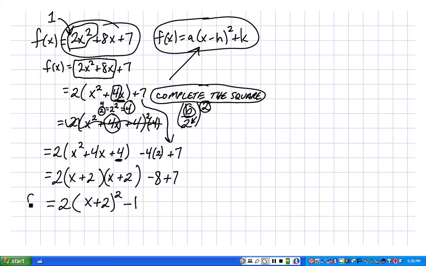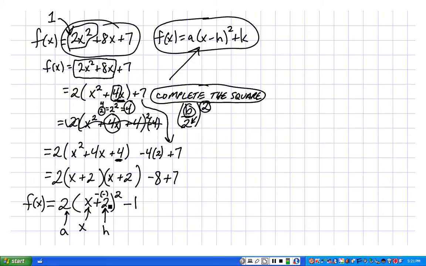Now I have my standard form. There's my a, x, my h, which again, because the formula says it's supposed to be a minus sign, what you're really looking at is minus a negative. So this is really a negative 2.